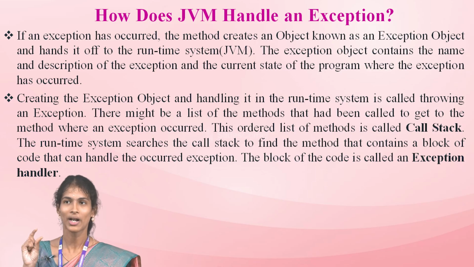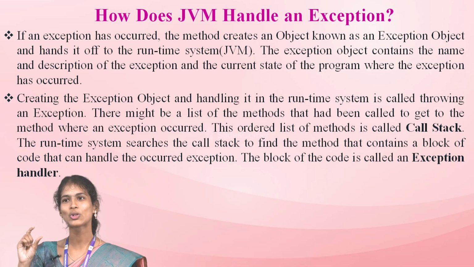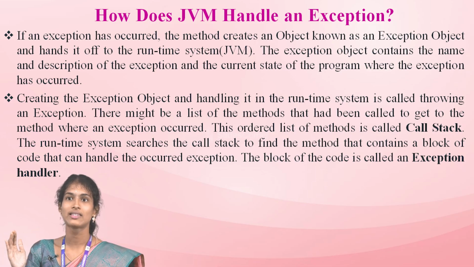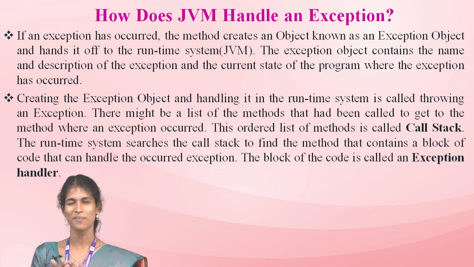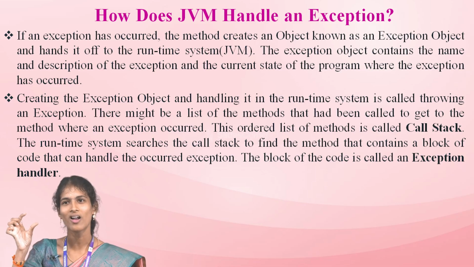Creating the exception object and handing it to the runtime system is called throwing an exception. There might be a list of methods that have been called to get to the method where the exception occurred. This ordered list of methods is called the call stack.